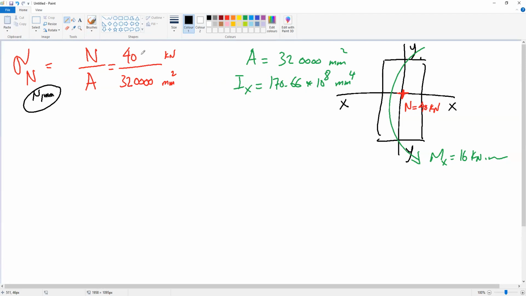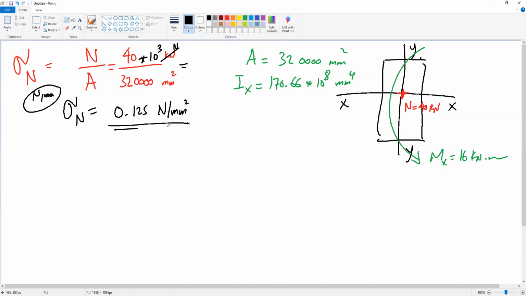How can we convert? We need to multiply by 10 to the power 3 to make it Newton. So the final result will be in Newton and millimeter. So sigma n equals negative 0.125 Newton per millimeter square.